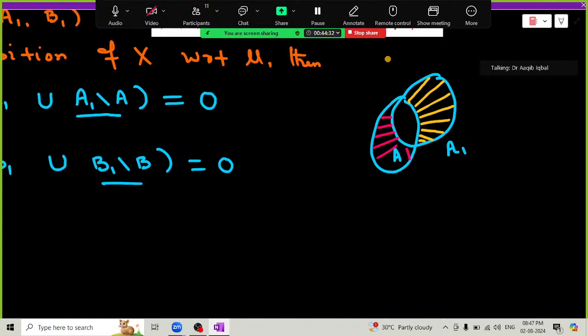And this union, which is actually the union of these two territories, is the portion which actually sets these two sets A and A1 different. This territory and this territory are actually distinguishing A and A1.